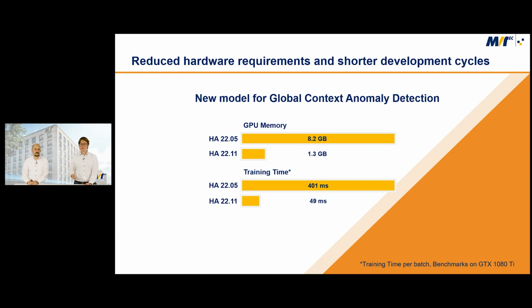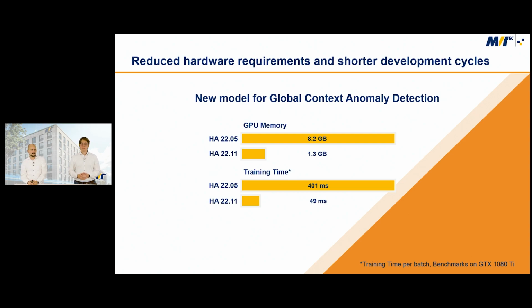One is trained with the older model of 22.05, one with the improved newer model 22.11. So when it comes to GPU memory consumption, it went down from 8.2 gigabytes to just 1.3. This massively reduces the hardware requirements, as Mario already mentioned.